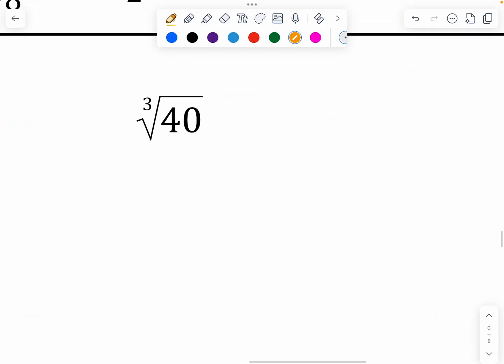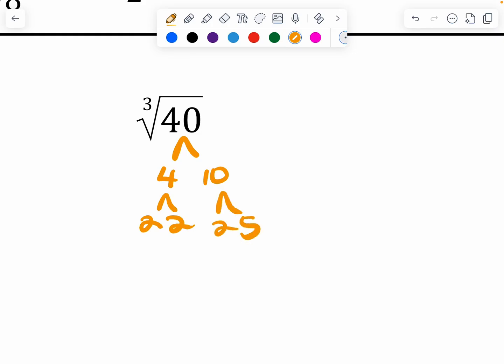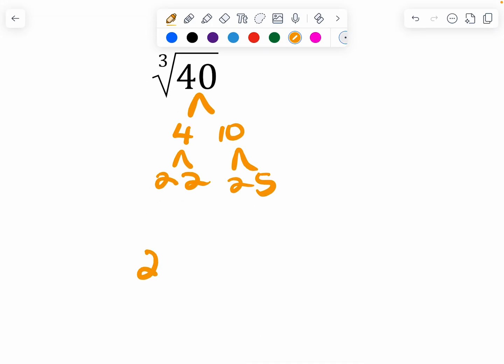Okay, so let's look at 40. I know 4 goes in 10 times. That's 2, 2, 5. Okay, so 2 to the 3rd power times 5. We're taking the cubed root.